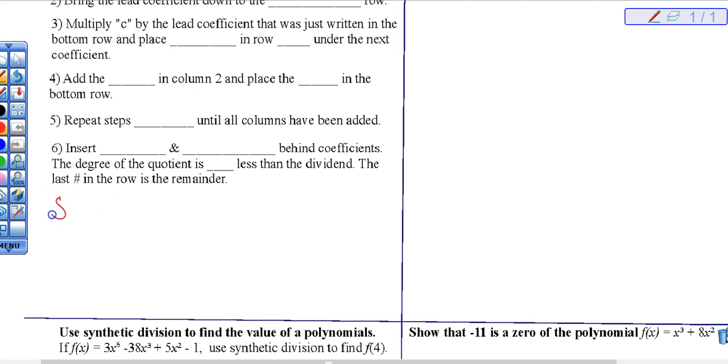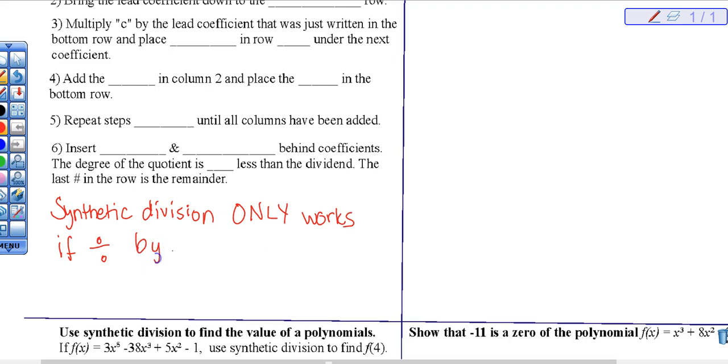So here's this. We're going to say this. Synthetic division only, all caps, only works if dividing by x minus c, a linear divisor, okay? And here's the thing.